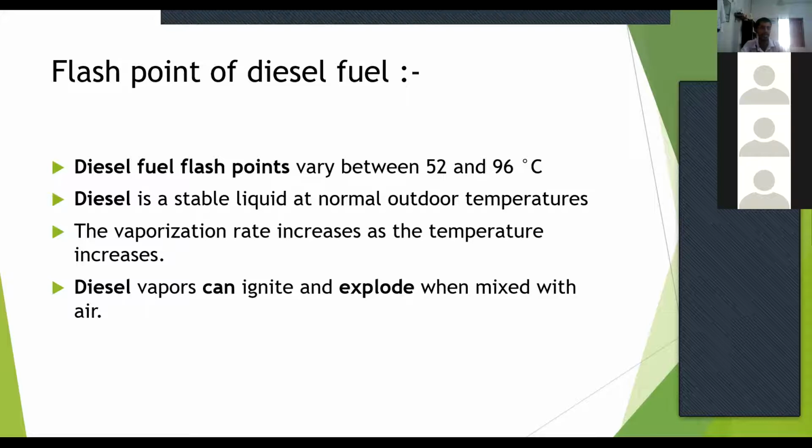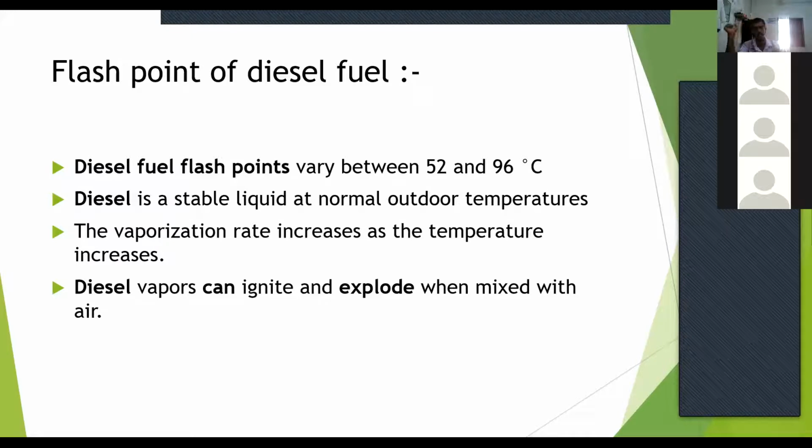And diesel is a stable liquid at normal outer temperature, right? Room temperature is around 30 degrees Celsius, and the flash point is more than 52 degrees Celsius. The difference between room temperature and flash point temperature is more than 20 degrees Celsius, so it is very stable.